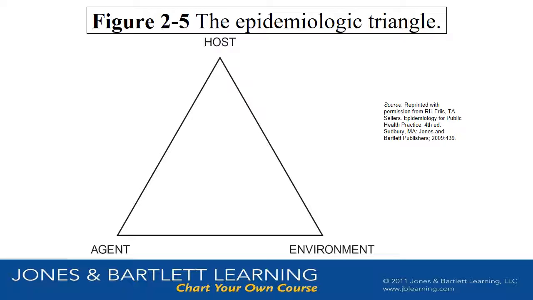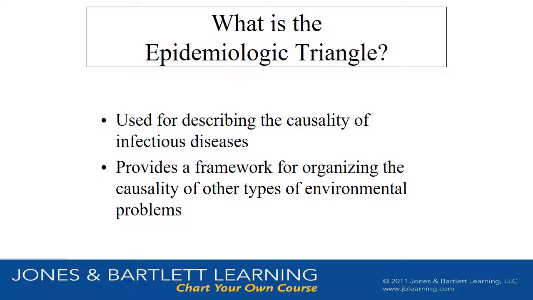When we look at this triangle, this focuses on three components: host, agent, and the environment. This triangle is used for describing causality of infectious diseases, but it can also be applied to other types of environmental problems. It's an important framework.